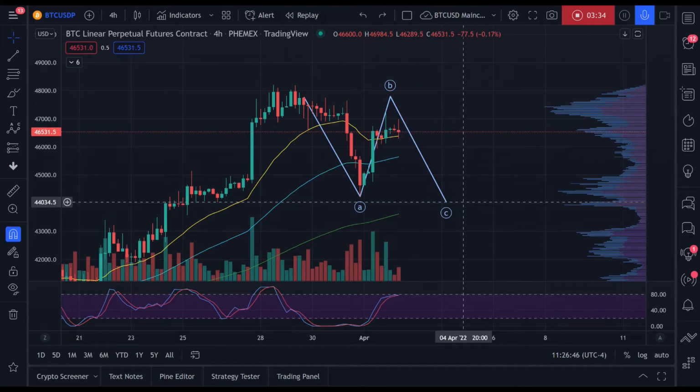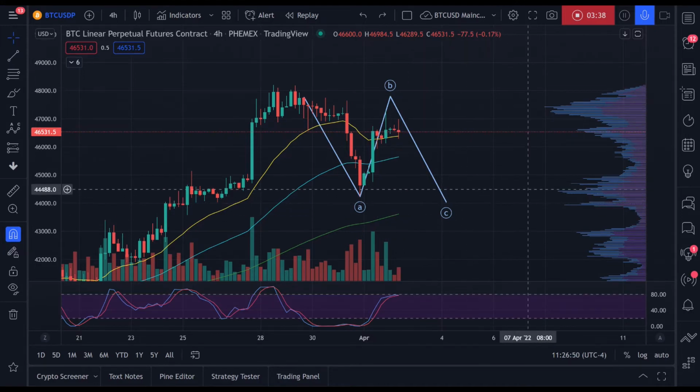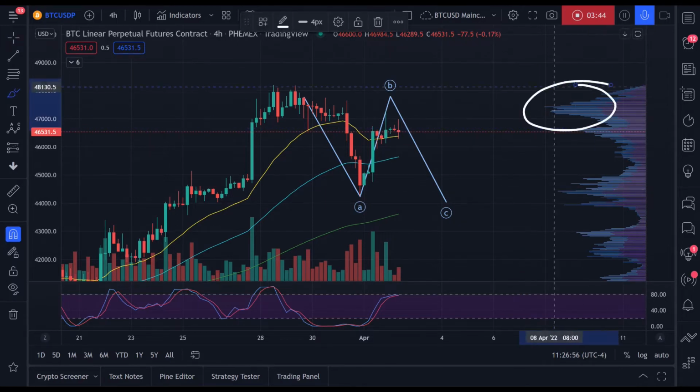In any case, what am I doing to trade right now? I'm in a scalp long. Why? Because once again, tons of liquidity up here, right? Tons of liquidity. A lot of people have their stops. A lot of people are short, right?